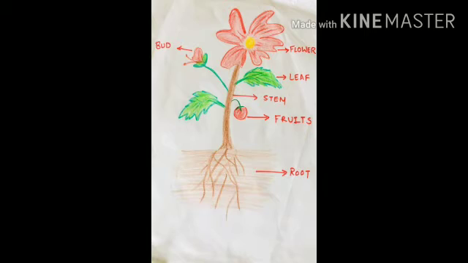So before that, I will just read this paragraph for your understanding. Our body has many different parts. Similarly, a plant has many parts. Plants can be trees, shrubs, herbs or creepers. So kids, these are nothing but types of trees. But the parts of the plant are the same.